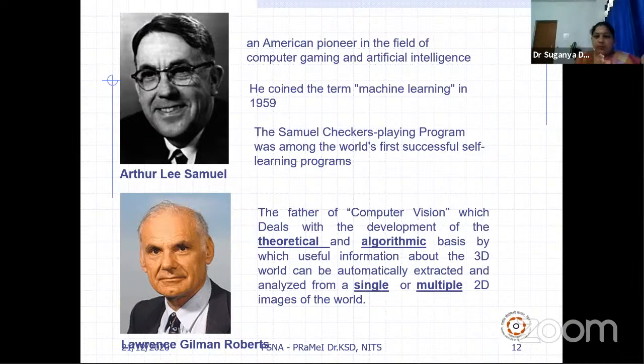But computer vision is, after manipulating the images, I get some data or information, and with that, with the analysis, what useful things I can do, that is called computer vision. That is the advanced thing, the last step in image processing. So this is computer vision, and he is the father of computer vision.